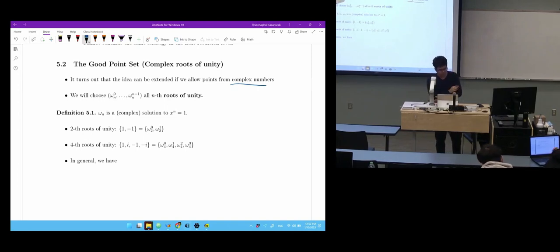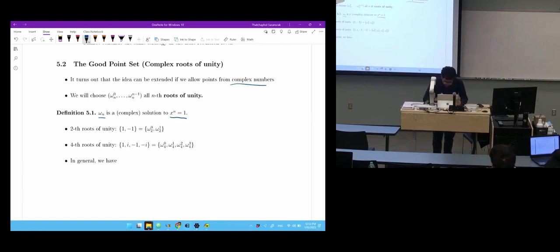So what I'm gonna do is choose my point set of n points to be all the roots of unity. Just to remind you what a root of unity is, omega sub n is just a solution of x to the n equals 1. Okay.